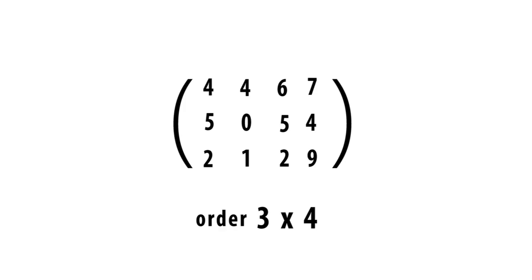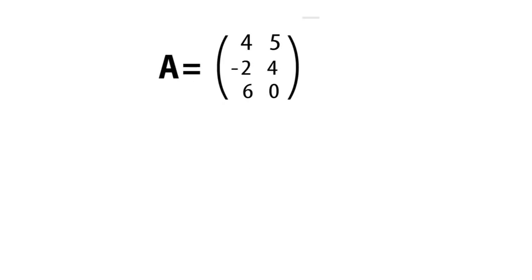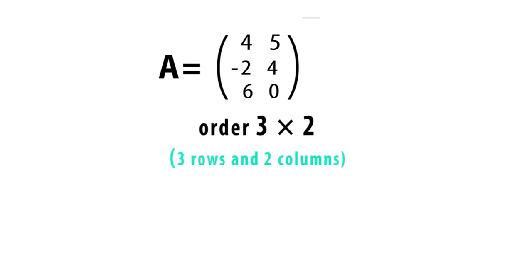The matrix A is equal to (4, 5; negative 2, 4; 6, 0). This matrix has the order 3 by 2 because it has 3 rows and 2 columns.